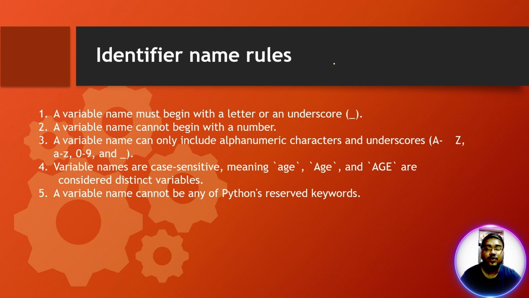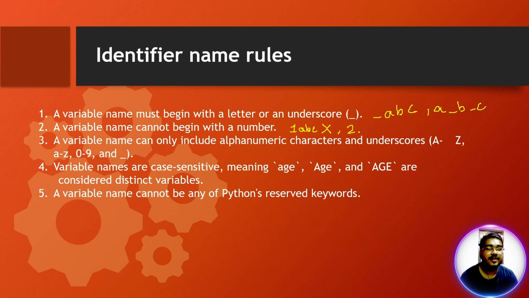Now there are some rules: the variable name must begin with a letter or underscore. The variable name cannot begin with a number. You can write underscore ABC, this is valid. You can write A underscore B underscore C, that is also valid. But you cannot begin with a number. Suppose you write 1ABC, no, this is not valid.